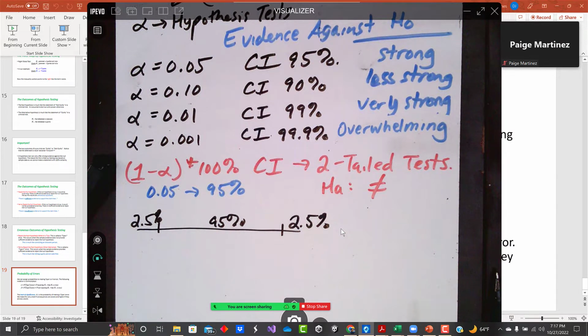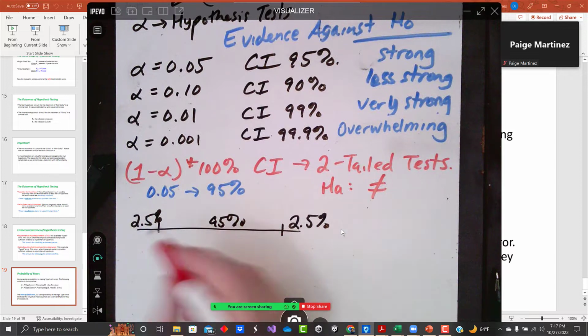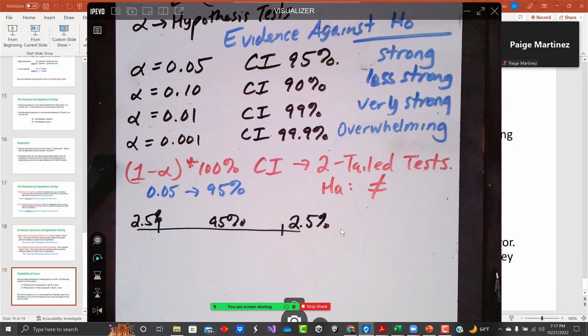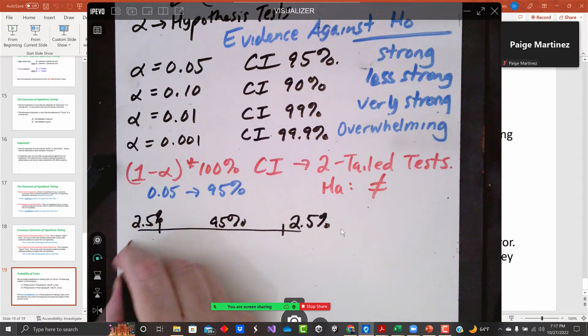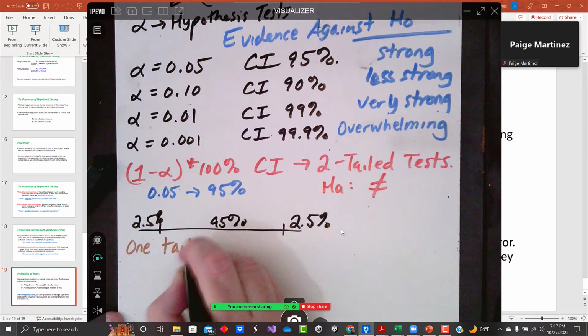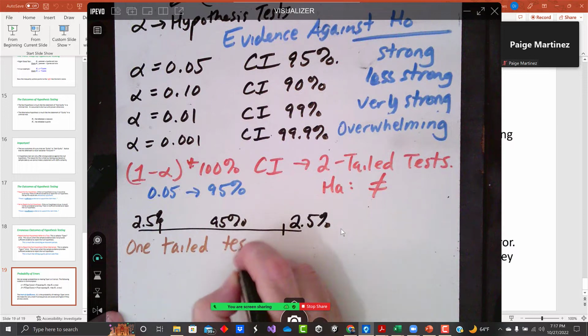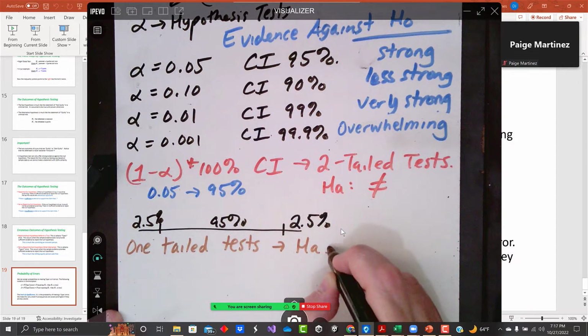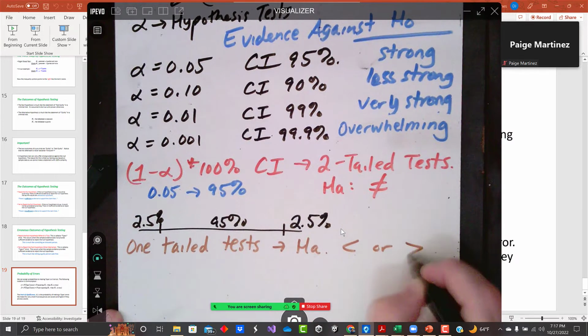For the one-tailed tests, oh, let me change color for this one. This is where HA has either a less than or greater than.